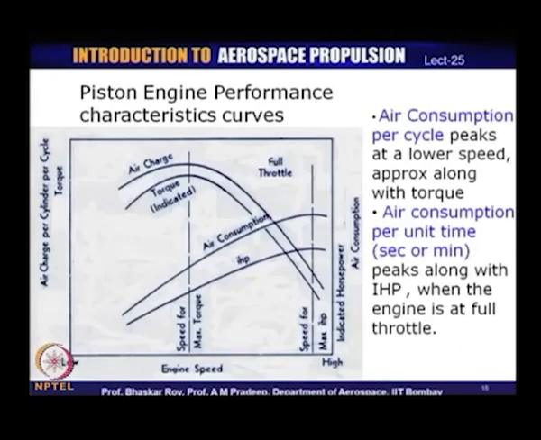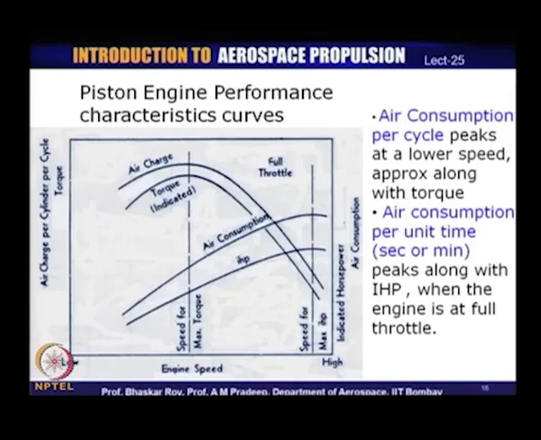Let us look at some of the issues of the engine as a whole. What happens when a piston engine is powering an aircraft? As we can see here, the air consumption per cycle, given over here as the y axis, goes up with the speed.